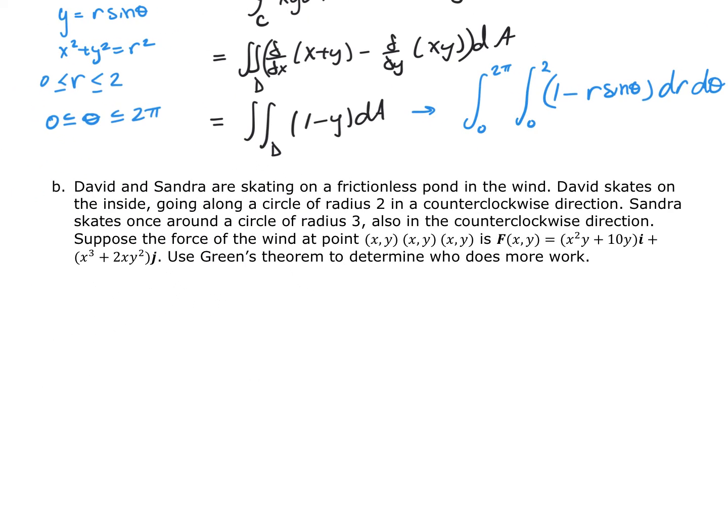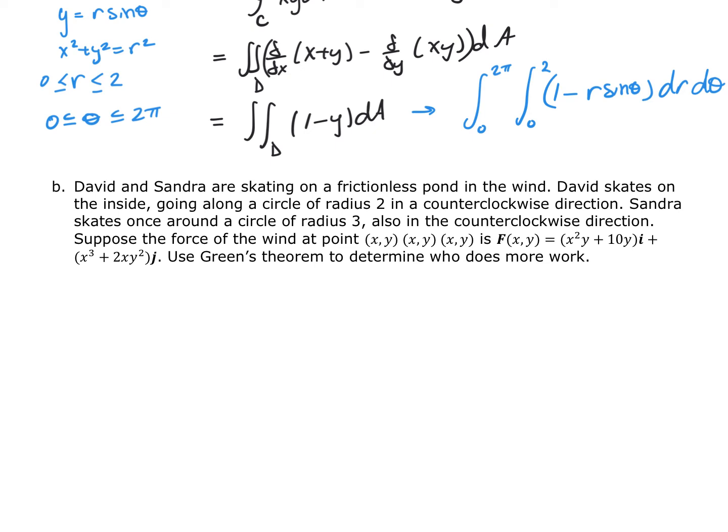Take a look at this application. David and Sandra are skating on a frictionless pond in the wind. Why do we care about all this? Well, frictionless means that we don't have to worry about the coefficient of friction, and the wind tells me I have a vector field. David skates on the inside along a circle with radius 2 in a counterclockwise direction. Sandra skates once around the circle of radius 3, also in a counterclockwise direction.